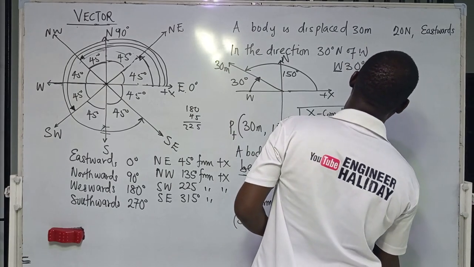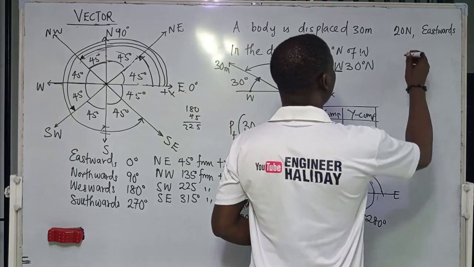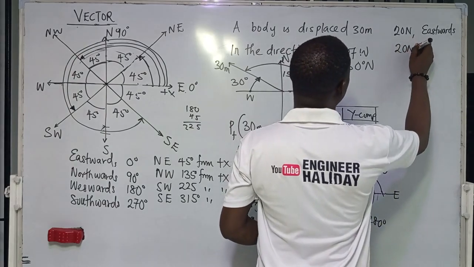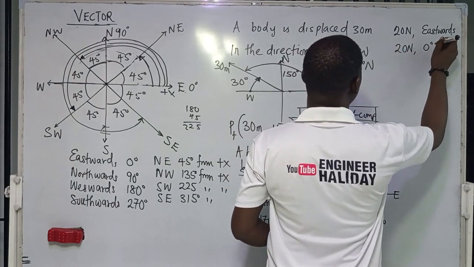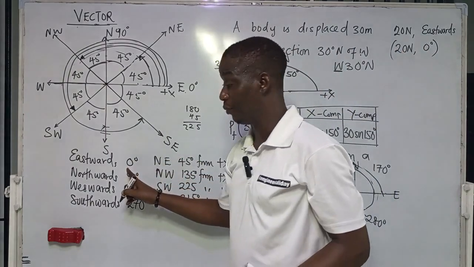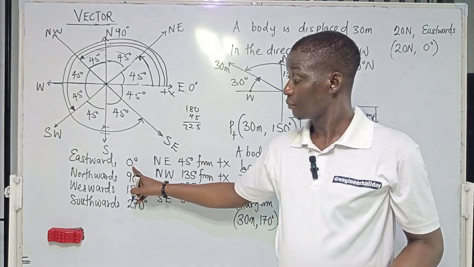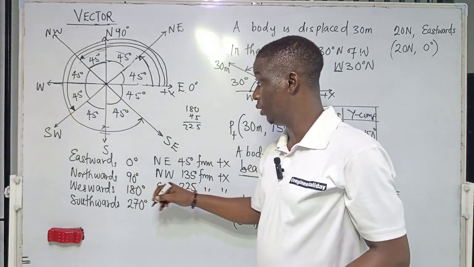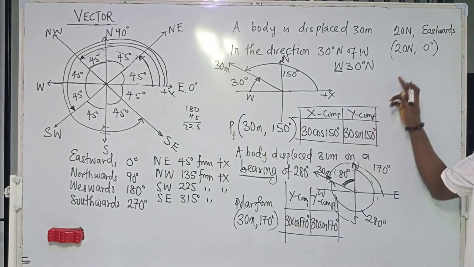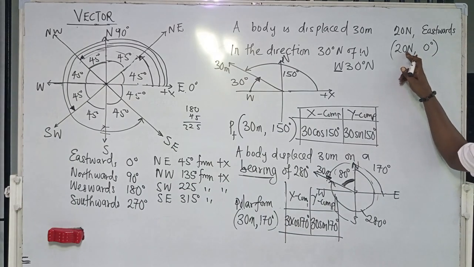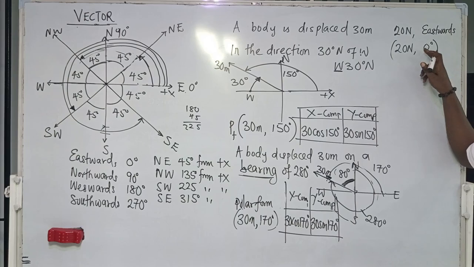So if eastward is 0, that means I would have 20 Newton at 0 degrees. Look at the board. This is 0. So in that case, the force will be 20 Newton at 0.